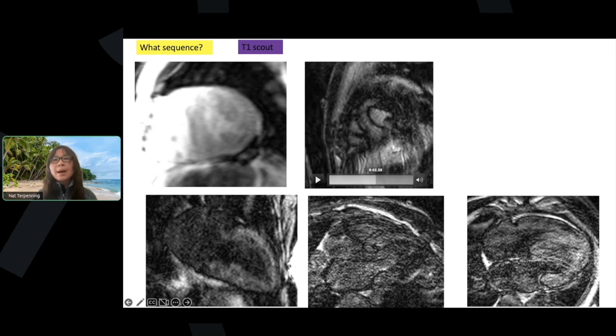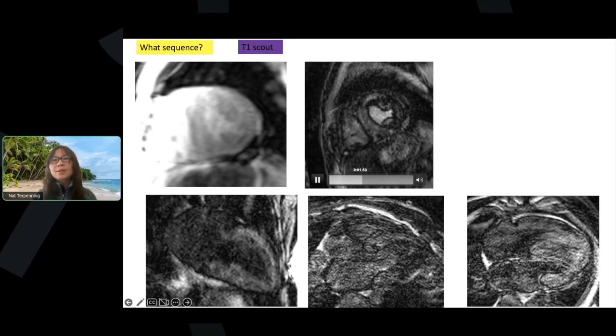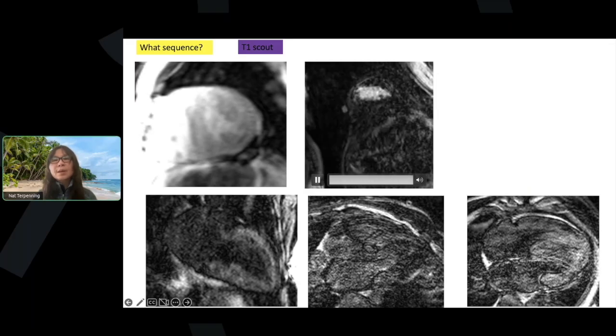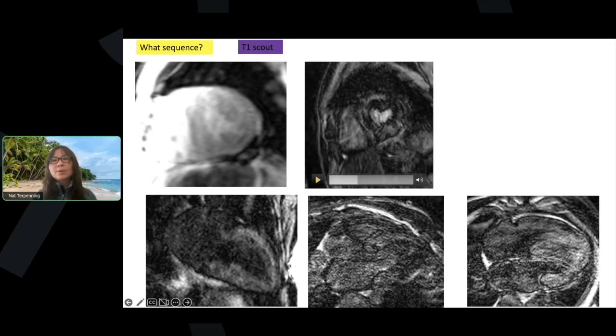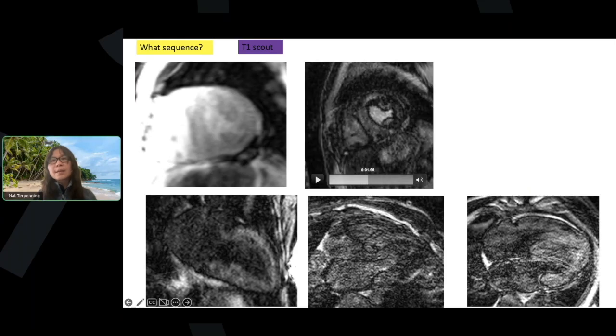So part of it is kind of trying to be normal here, but most of the myocardium is not normal. If you look at this, this one is probably normal myocardium, but this one may not. But if you go further, this one is not, right? So there's a big segment of transmural enhancement.